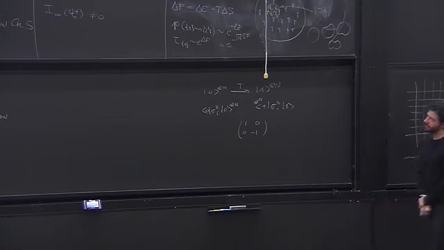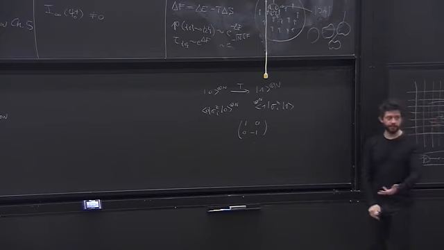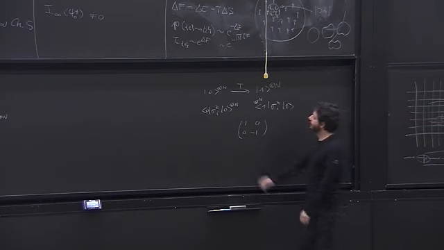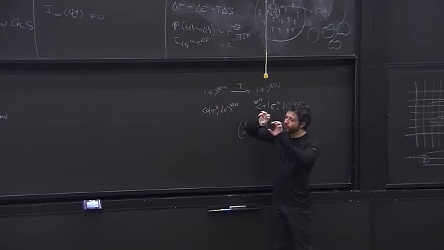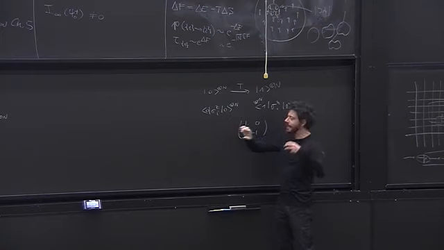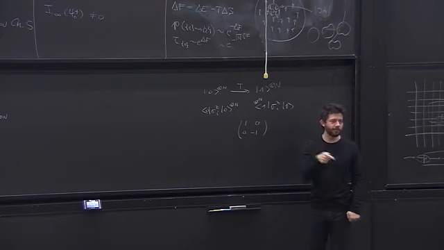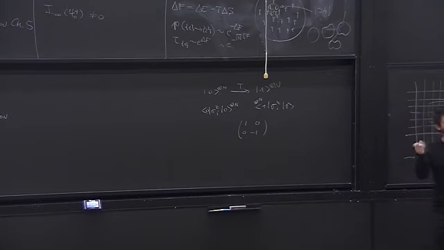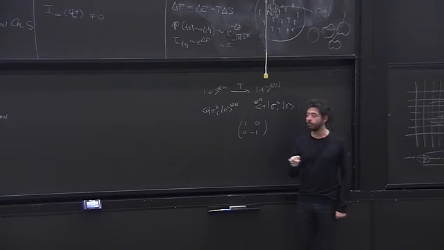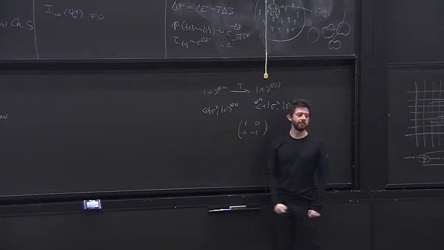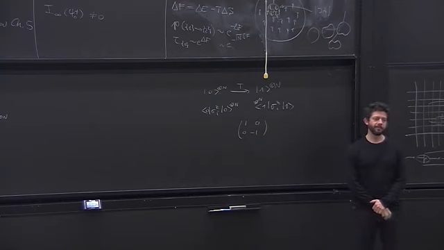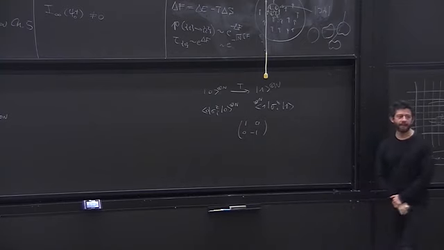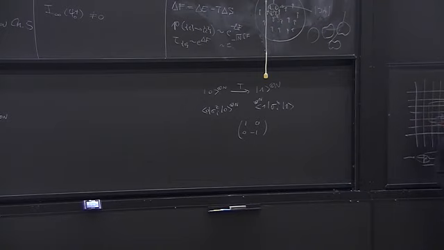The way Zurek says it is that the pointer states, so the stable states, are those states that are tensor products in the degrees of freedom that the environment couples to. Because the environment can address the spins one by one, the only stable states must be those that are a tensor product of spins, or classical states. So that's why you don't have cuts when you have symmetry breaking.